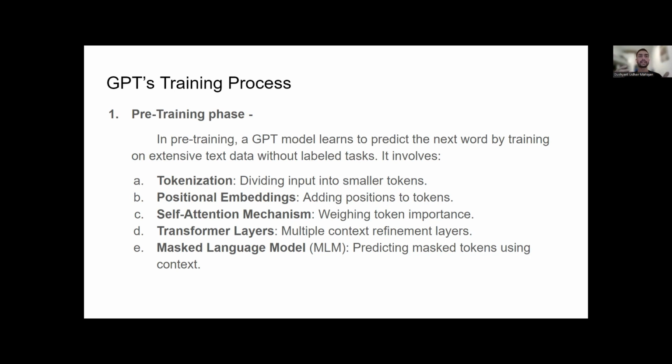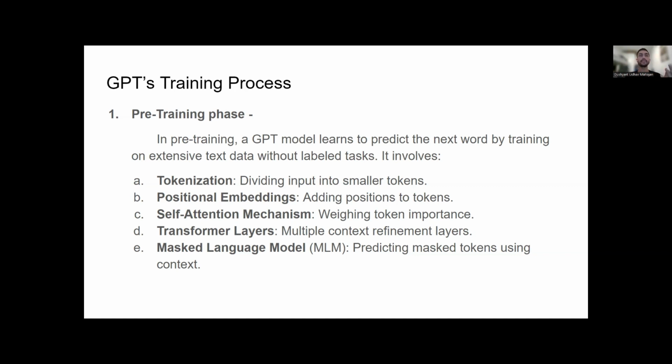Then we use the self-attention mechanism. As we saw previously, the attention heads and the multi-head attention are used to build a self-attention mechanism. Then the transformer layers. GPT models consist of multiple layers of self-attention and feed-forward neural networks. Each layer refines the model's understanding of the input by considering different levels of context.